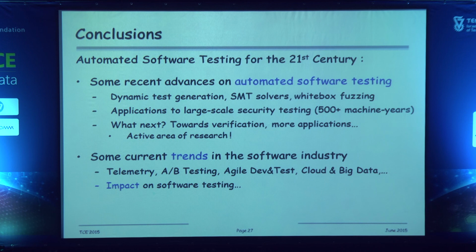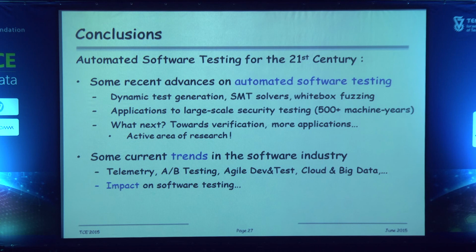So to conclude, in this talk, I wanted to give you a quick overview of some recent advances in automating software testing using advances in program analysis that have taken place over the last 10, 15 years, the 21st century thing in the title, and mention some applications, including also a new area of research.